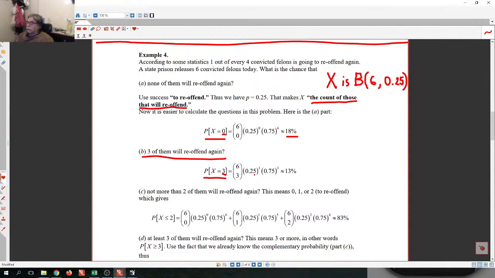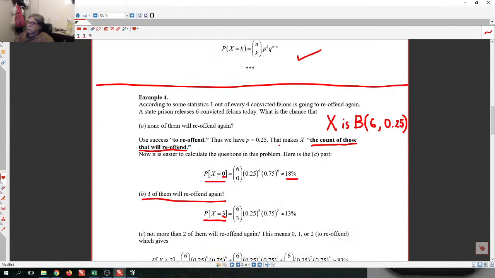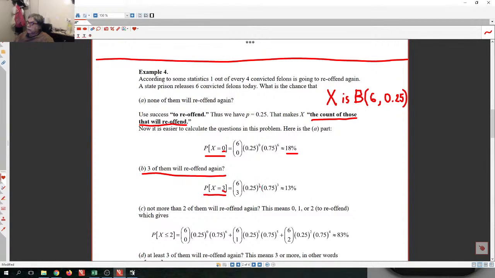And we have 3 successes. How many successes? What's the probability of success? How many failures? What's the probability of failure? Those are 2 powers, right? 3 successes, where the probability of success or reoffense is 25%, and 3 failures at 75%. 3 will reoffend, 3 will not.